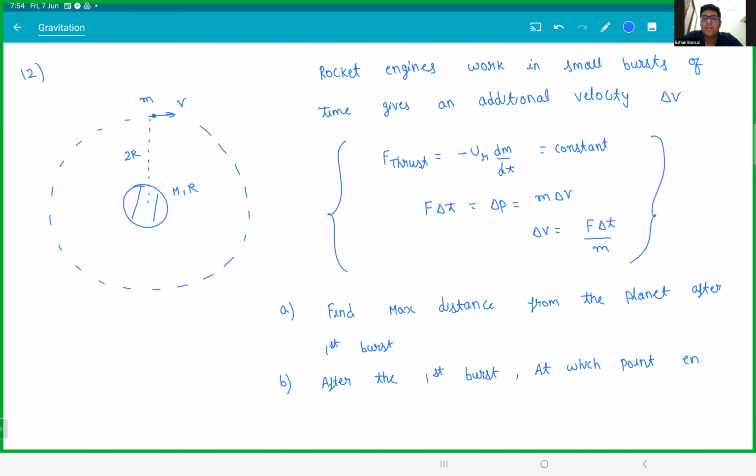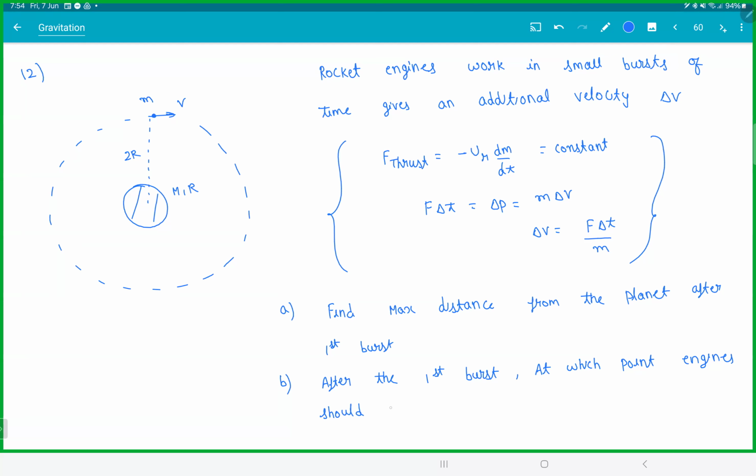Sir, you just said that energy is not gained. Did I say that? I said velocity will change, energy gain can be different. You should not think like rocket engines give you energy, rocket engines give you velocity.